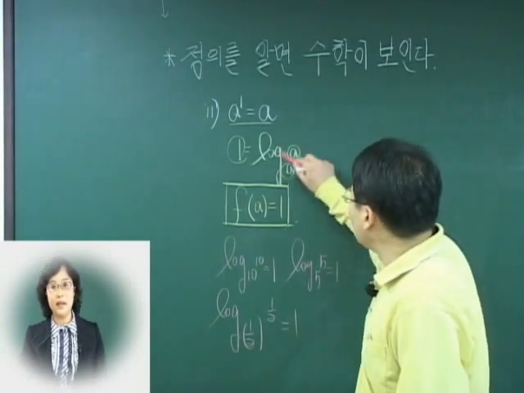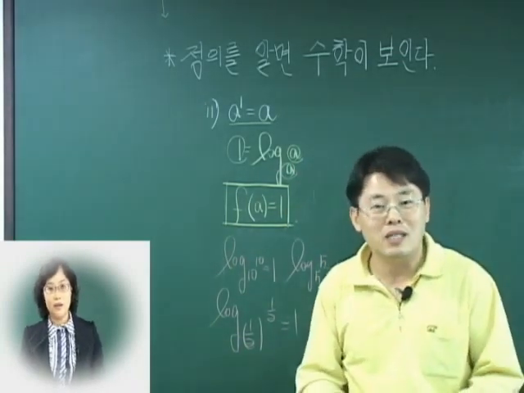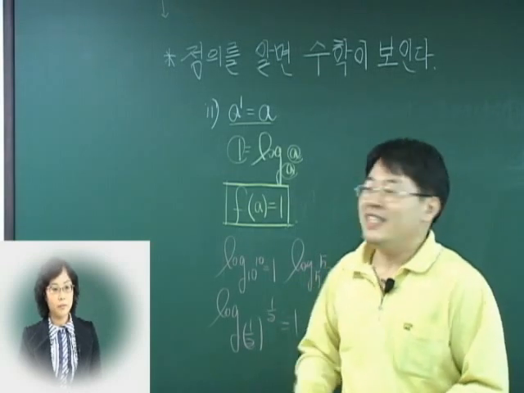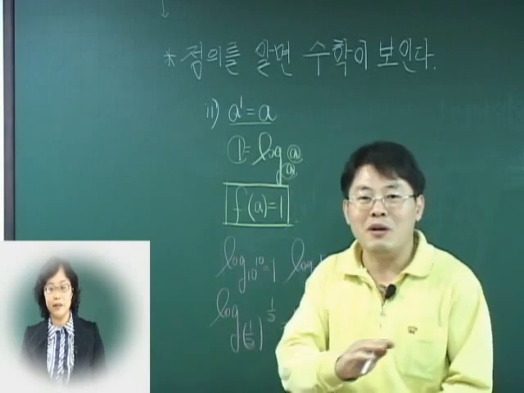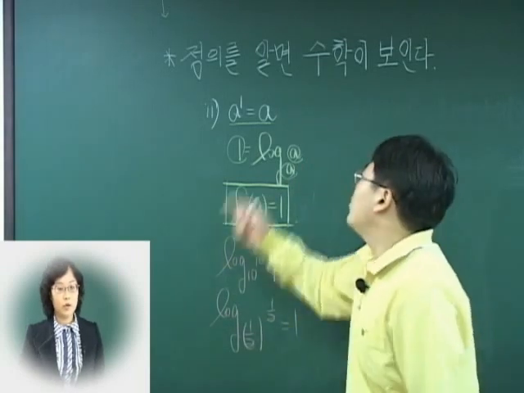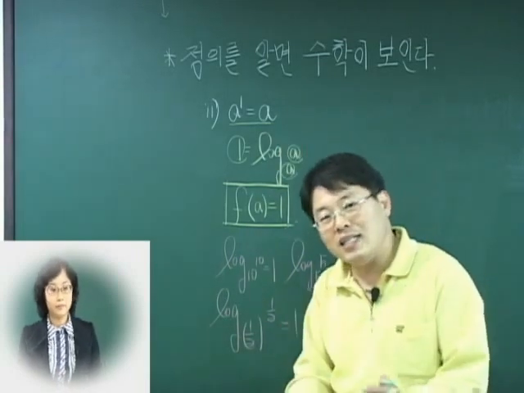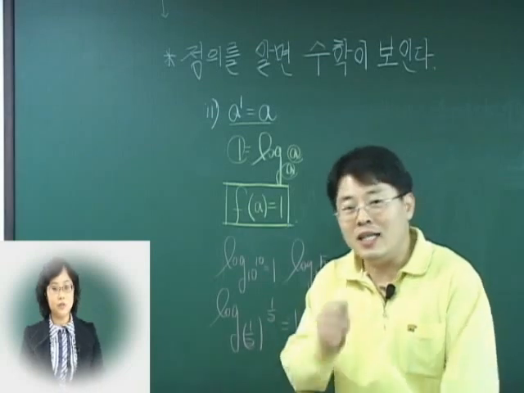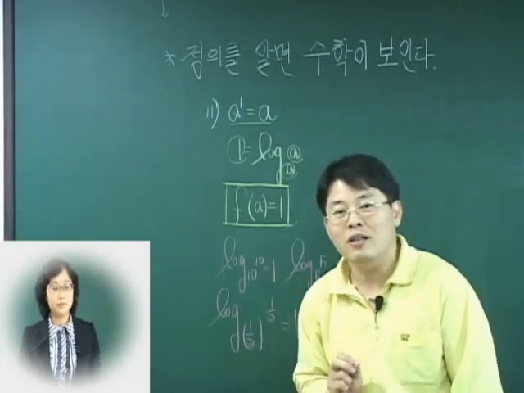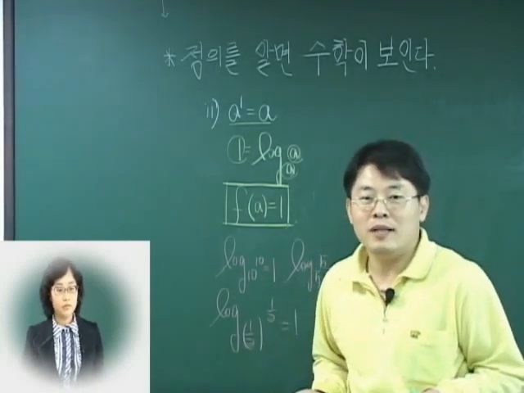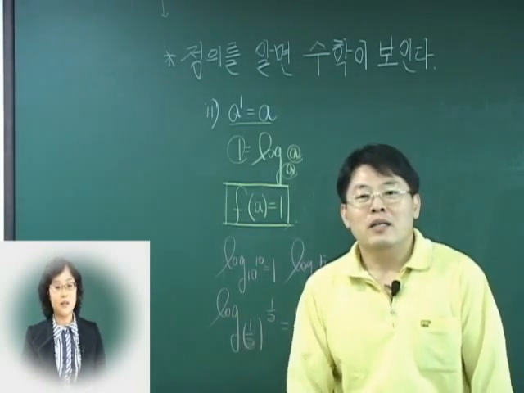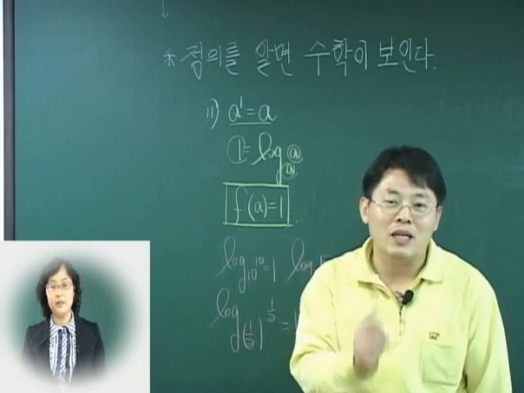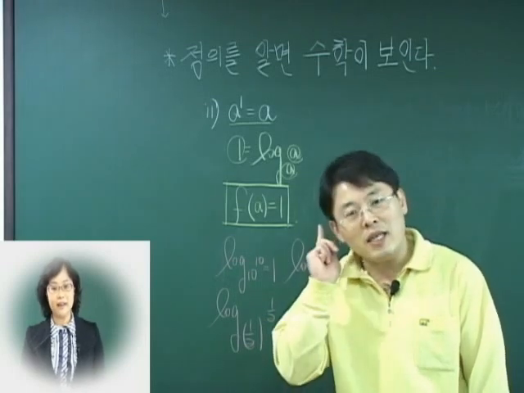Since the base and the anti-logarithm are the same, it becomes 1. Using the properties of logarithm, we can approach one by one. We already induced them from the exponent. You have to know the fact that the logarithm is based on the exponent.